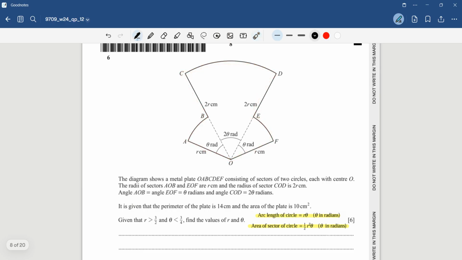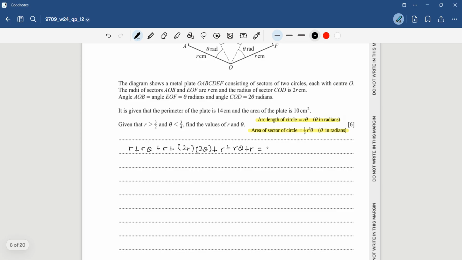So it's going to be R plus, for AB it will be R theta, BC will be R, plus CD will be R theta, which is radius here is 2R and angle is 2 theta, plus DE, which is R plus R theta plus R, equivalent to perimeter 14.